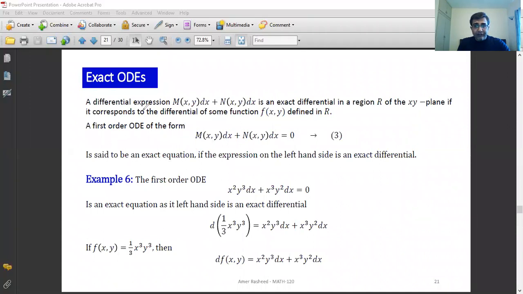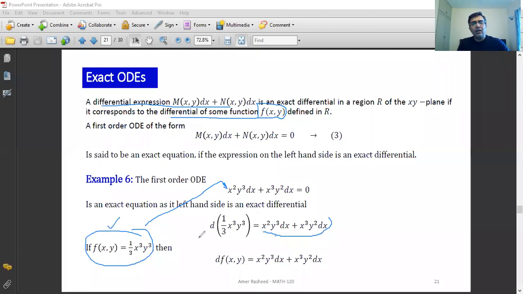According to the definition, a differential expression is said to be an exact differential if it corresponds to some differential of some function f of x. As this is your M of xy dx plus N of xy dy, if we can find some function f of x whose differential is this expression, then this will be the solution of this differential equation.